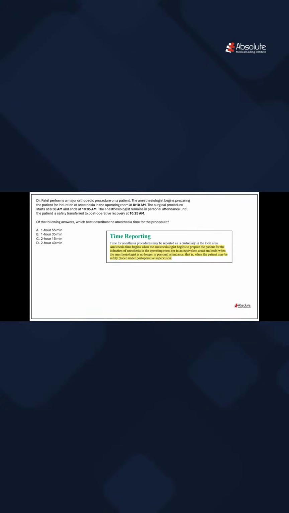And in this scenario, we have the anesthesiologist who began to prepare the patient at 8:10 a.m. and the patient was transferred to post-operative recovery at 10:25 a.m. So that is going to be our anesthesia end time.